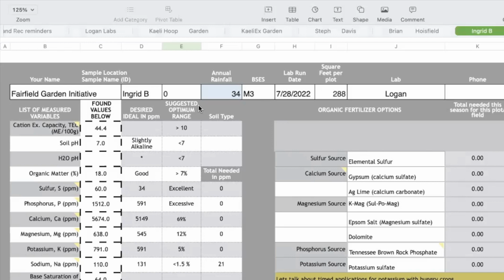Are you looking for something that is a winter kill? Are you looking for something that does put down a lot? We're not going to get a lot of biomass growth between now and first frost, but we'll get some.